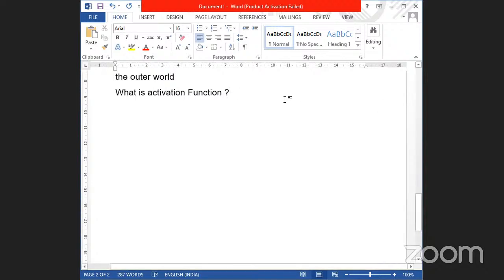So an activation function decides whether a neuron should be activated or not by calculating the weighted sum and further adding bias to it.